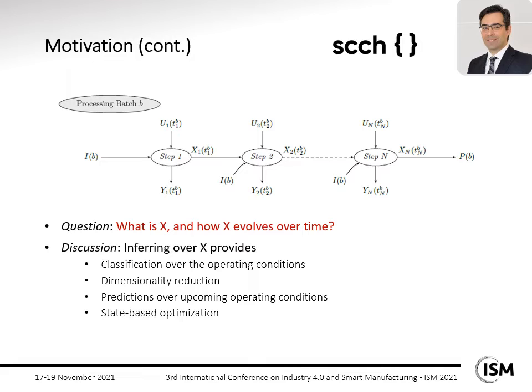So instead of optimizing with respect to, let's say, the control inputs based on the whole feature, the whole observation vector that we observe, we can optimize with respect to the state that the current step is currently operating on. So again, this dimensionality reduction is beneficial not only for generating predictions and diagnostics, but also for optimization.